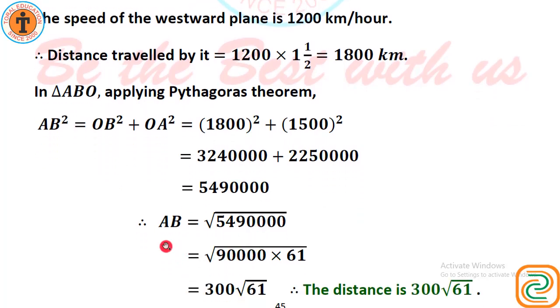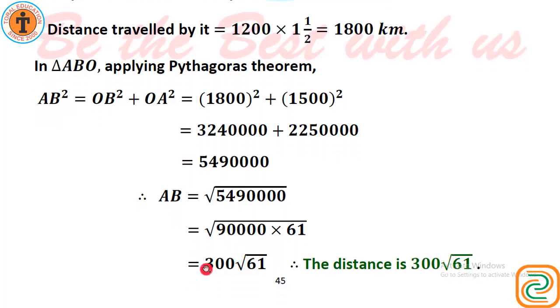Then take the square root of this. 5490000 is 90,000 into 61. 90,000 into 61, the square root of 90,000 is 300. If we take this out of the square root, it will give us 300. 300 root 61. This is the distance, in kilometer. 300 root 61 kilometer.